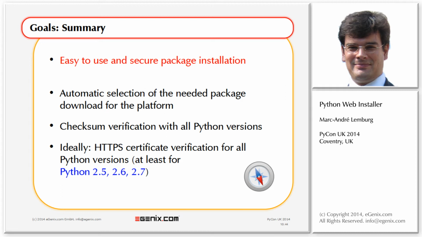There is a lot of effort being put into it to make it work better, but it doesn't work for all Python versions, for example, because some of the Python versions don't do the certificate checks. That's being fixed now for 2.7. It's already fixed in 3.3, I think, and 3.4. But we need it for other versions as well, so we wanted a way to make it possible to add that kind of tool chain to our system.